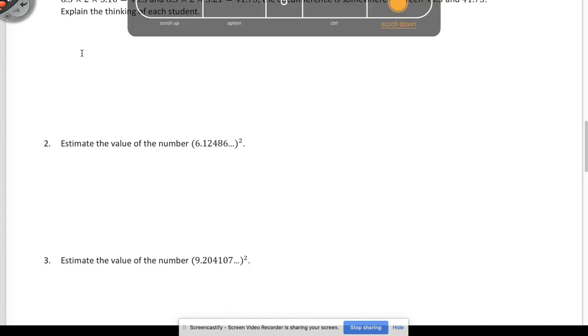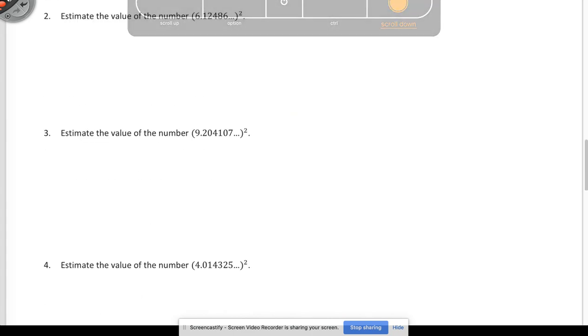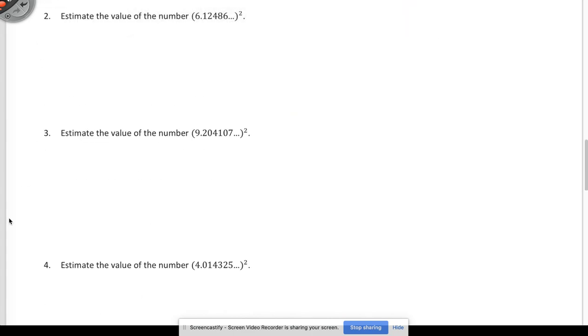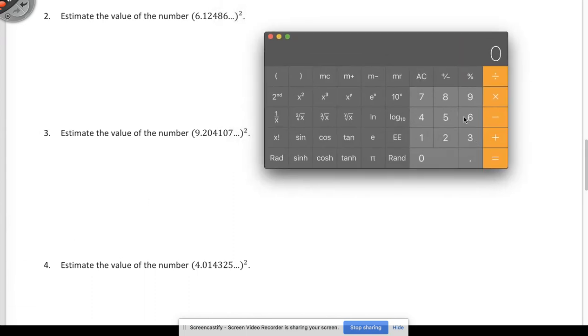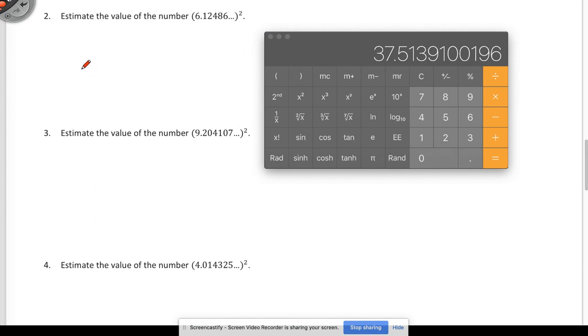All right, so now we're going to estimate. All right, it says here to estimate, so we're going to pull up our calculator. Type in what they have there, 6.12486, and square it. All right, so I would say a good estimate here would be 37.5.